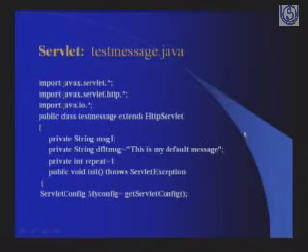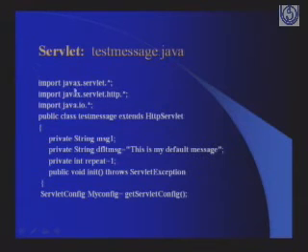Now let us see the program test message. In this we are trying to read some information from web XML file. So before we go to web XML file and see how that parameter is initialized or how that parameter is kept in that, let us see the program which we will use for getting the information from the web XML.